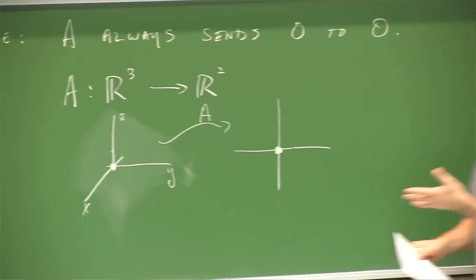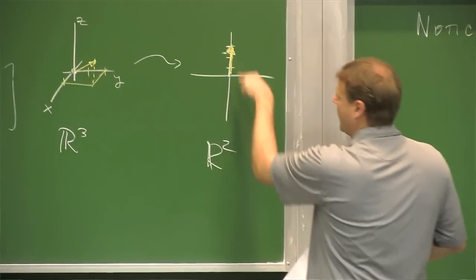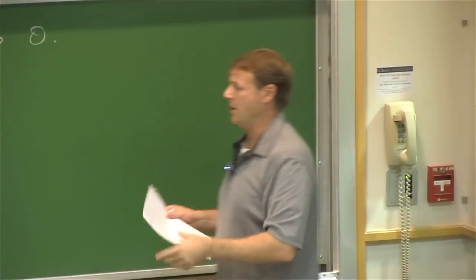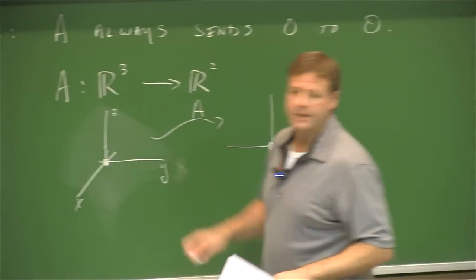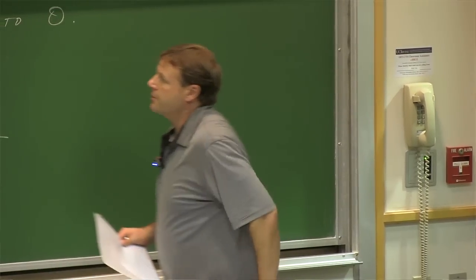But other vectors don't get sent to 0 necessarily. I mean, this one got sent from there to there, so it's hard to get a handle on the overall graph, but at least this one thing gives you a little landmark. Okay? Linear transformations send 0 to 0, or these matrices do.